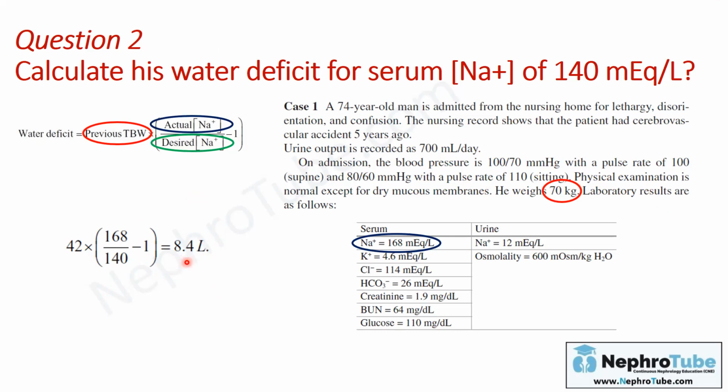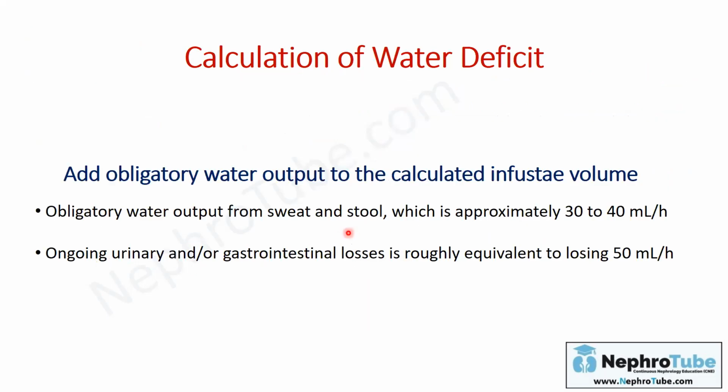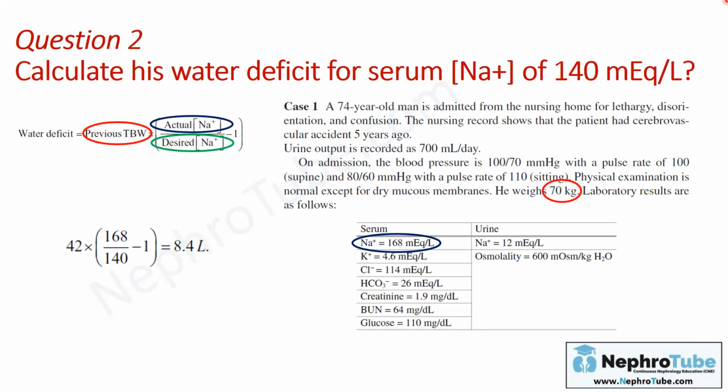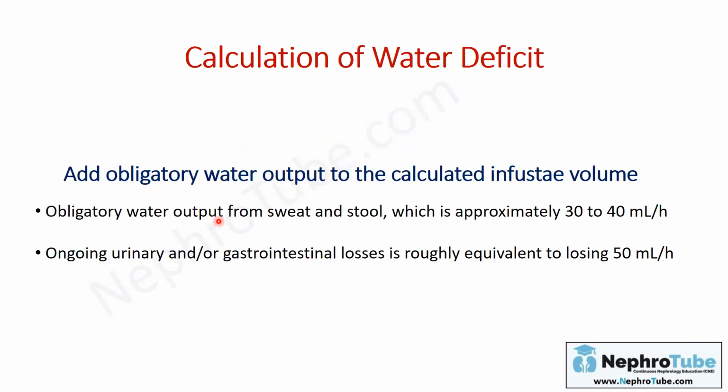So there will be an ongoing loss of water by the patient through his stool, sweating, urine, whatever. So you have also to replace this water loss beside the water deficit that the patient needs. There are three ways to calculate the ongoing water loss of the patient.